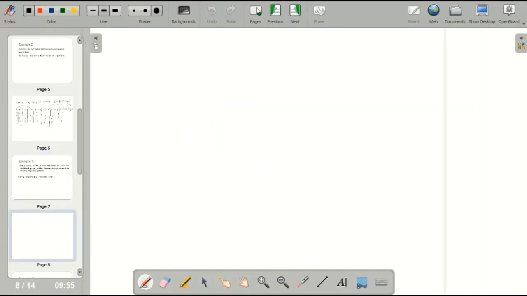So they have given that P conditional Q is false. False means the value of P is 1, Q is 0. Then they have told to find the truth value of the following expression, that is P and Q. First one.